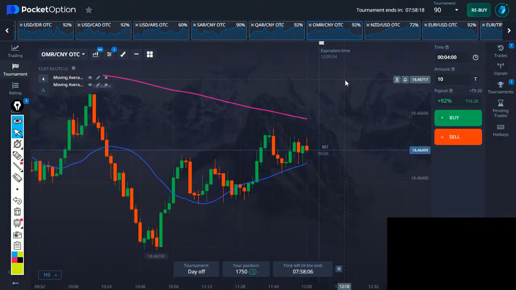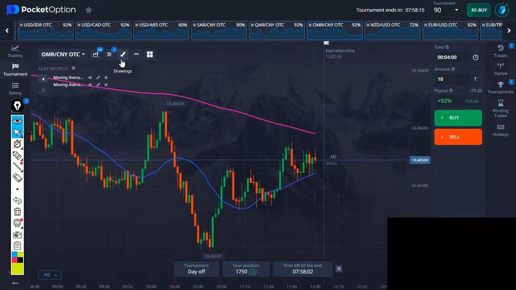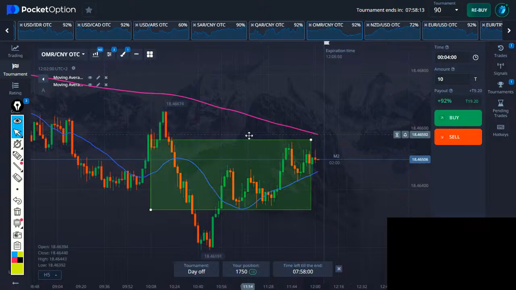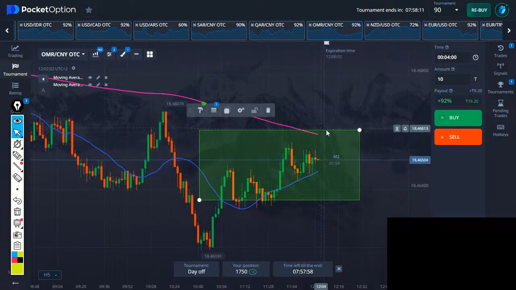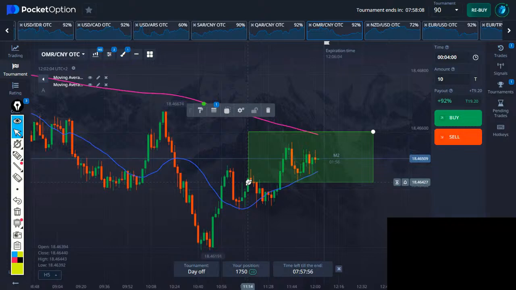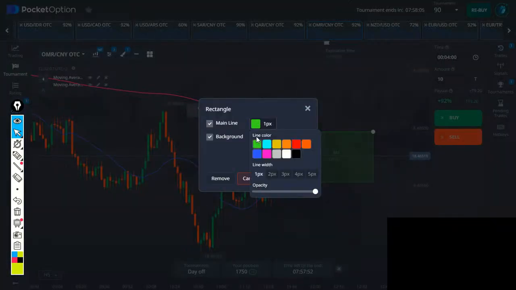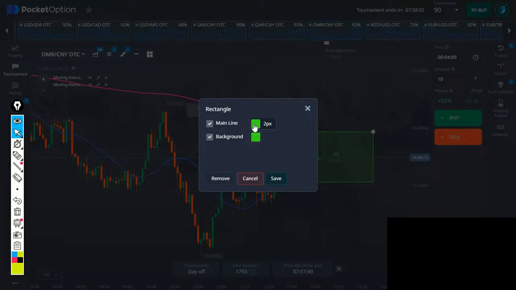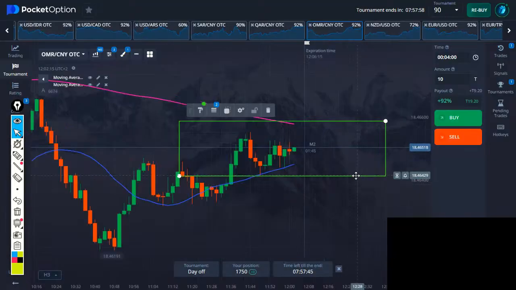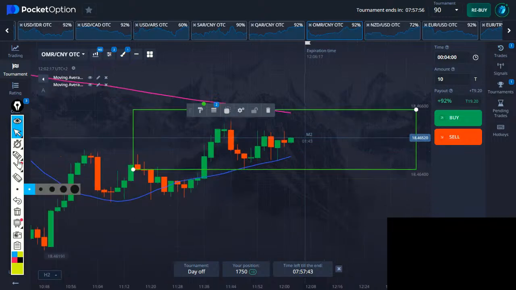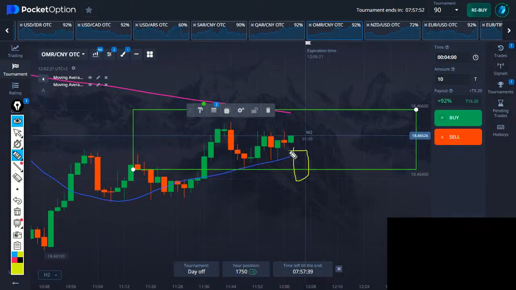That's amazing. Magic 4. Rectangle. Your 200, swing high and swing low. 2 pixels. What I need to see is a clean bearish bar over here.